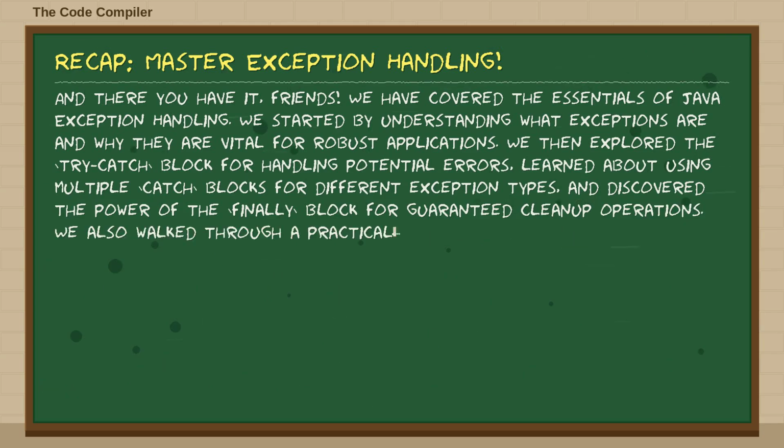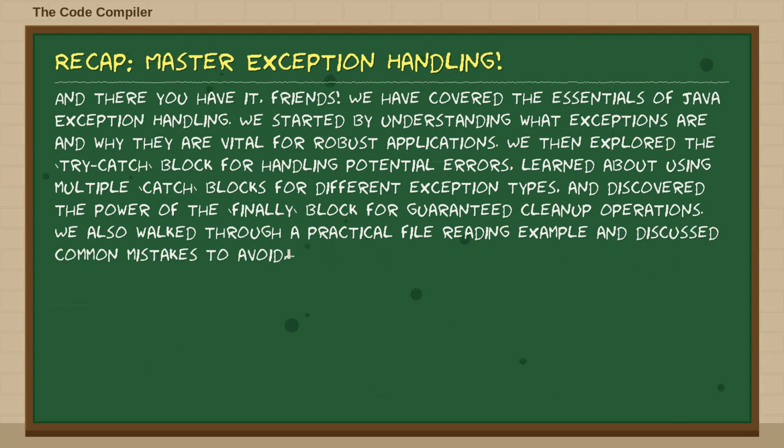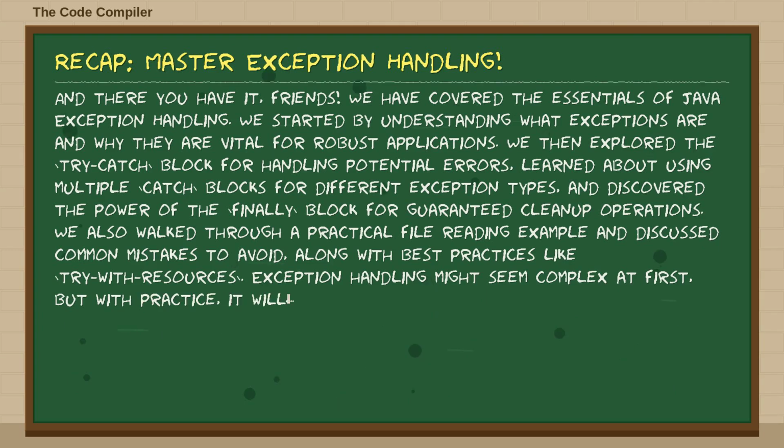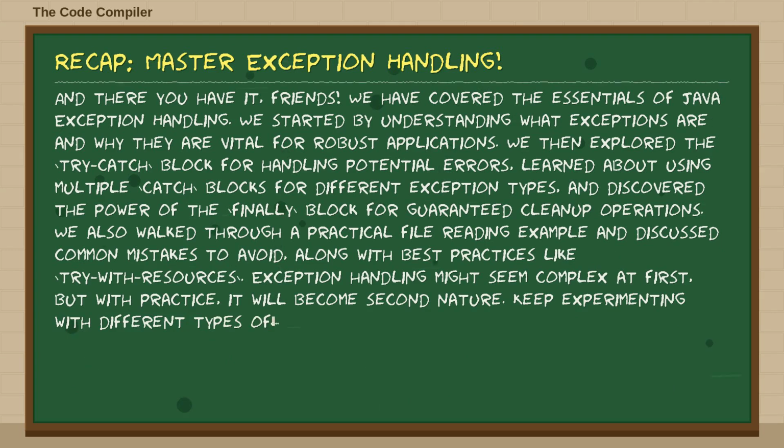We also walked through a practical file reading example and discussed common mistakes to avoid, along with best practices like try-with-resources. Exception handling might seem complex at first, but with practice, it will become second nature.